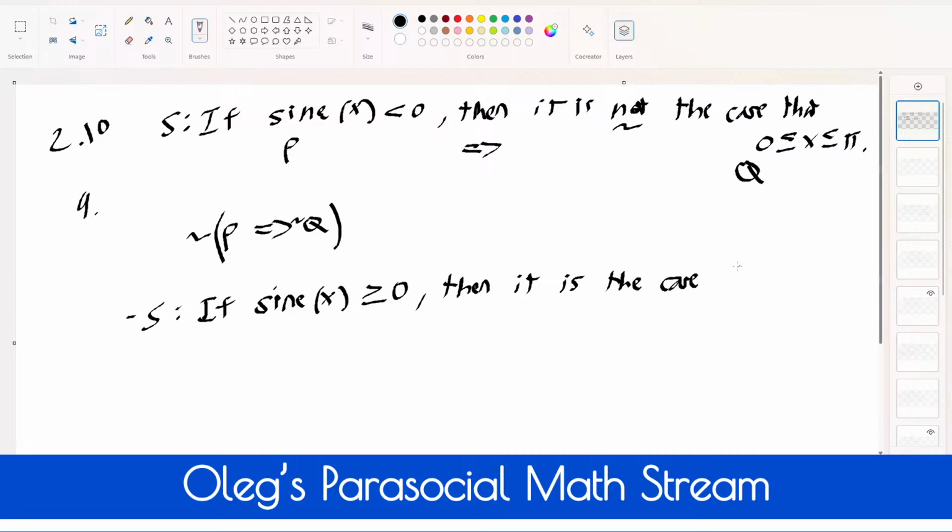Now, in this case, remember how I said we would have to flip the equations? Well, in this case, that is the Q, and the not is just the word not. So it's the case that 0 is less than or equal to x and x is less than or equal to pi, the range of the sine wave. That's Q, and we don't have to take it apart from the inside. We just have to drop the not.